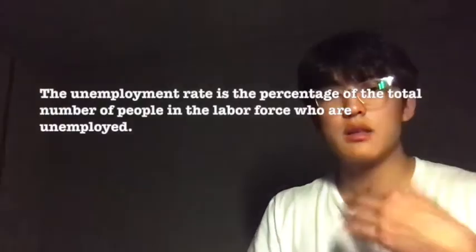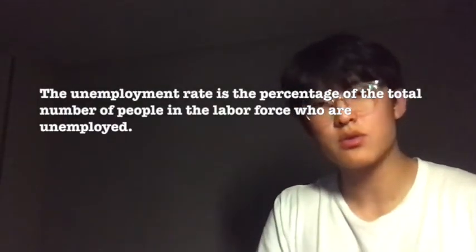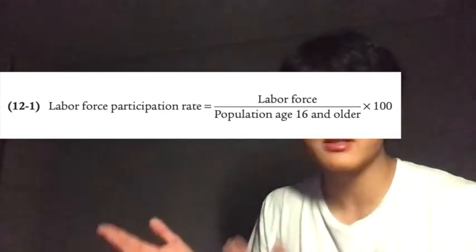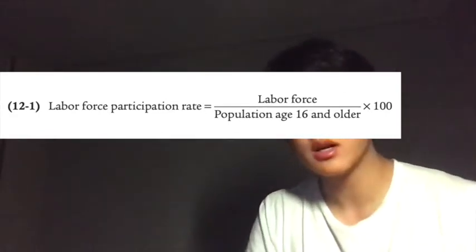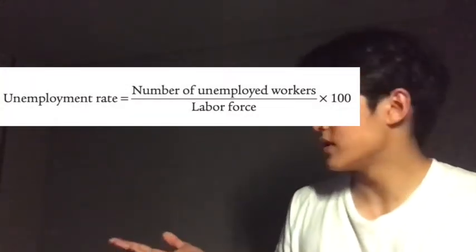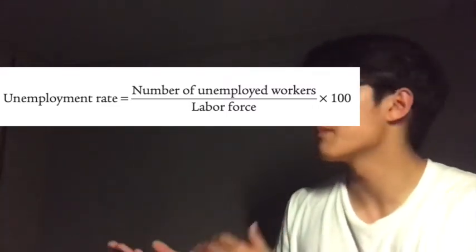And fifth, the unemployment rate is the percentage of the total number of people in the labor force who are unemployed. This is the basic formula of the labor force participation rate, which is labor force divided by population aged 16 and older, multiplied by 100. Also, this is the unemployment rate, which is number of unemployed workers divided by labor force, multiplied by 100.